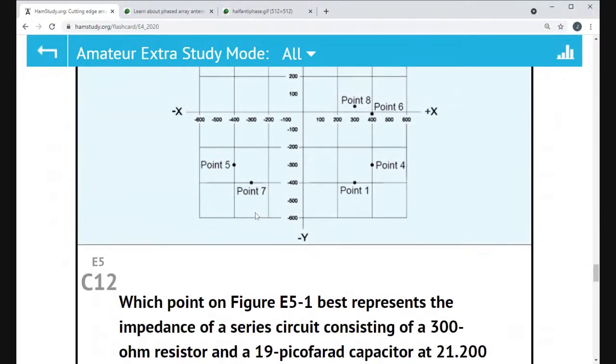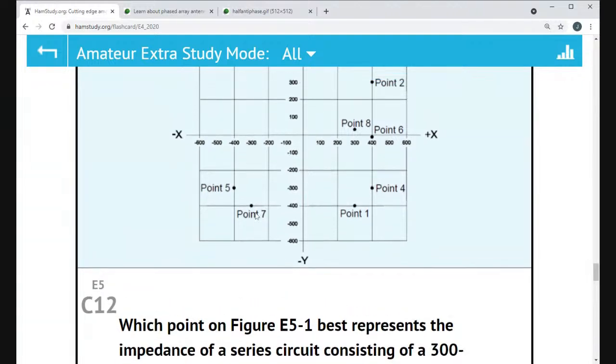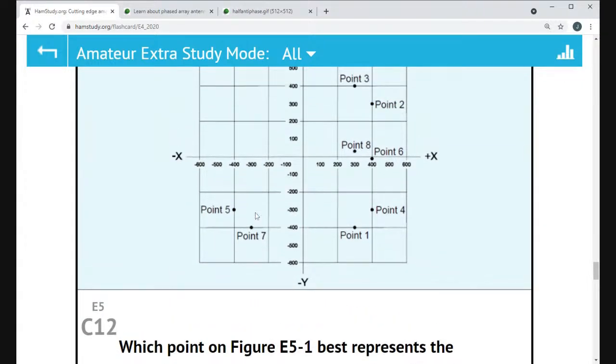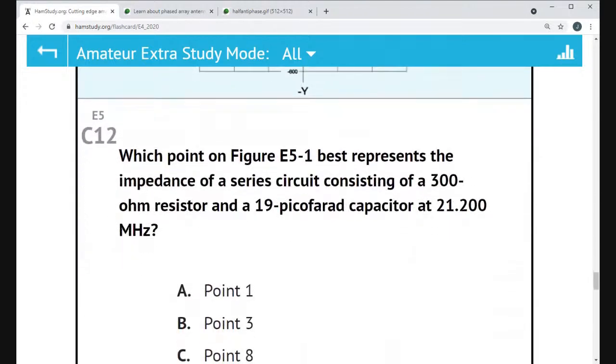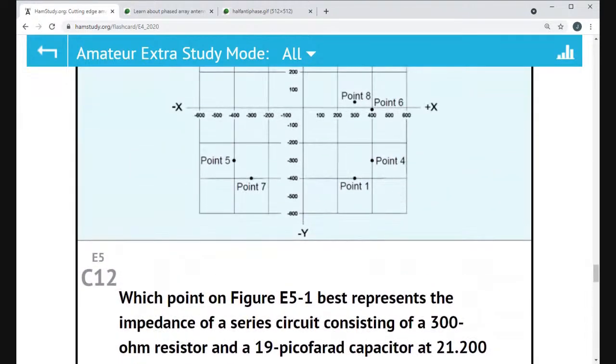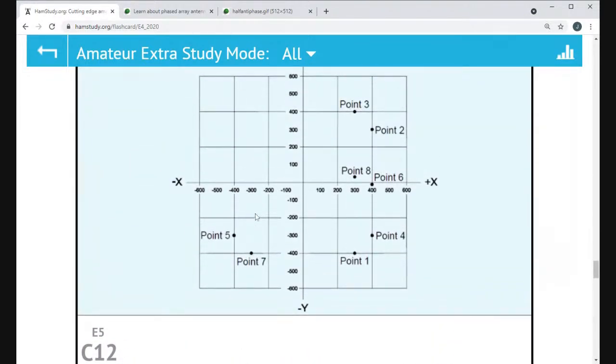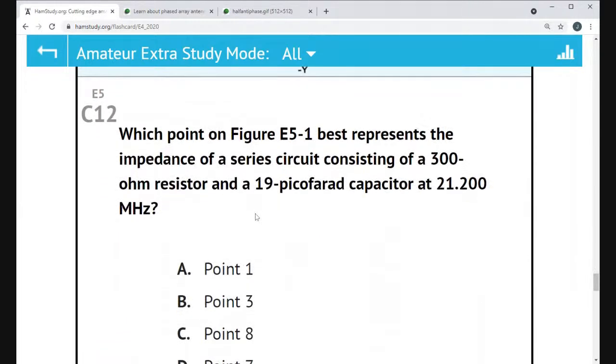A, point 1, which is 300x and negative 400y. B, point 3, 300x and 400y.